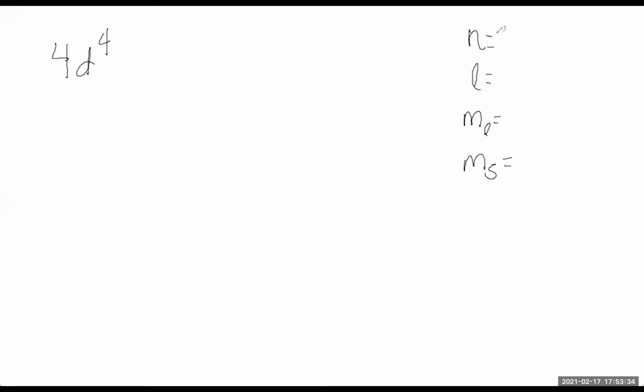And, right, N is equal to 4, right? So what about our L? What would be our L equal to, and how do we know what our L is?